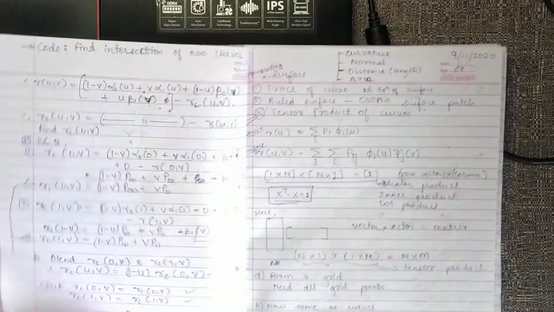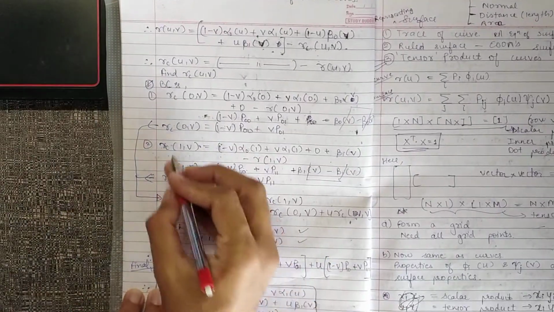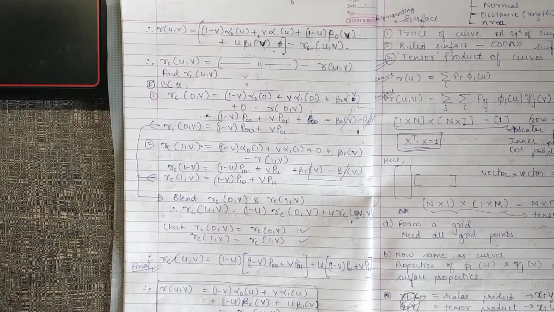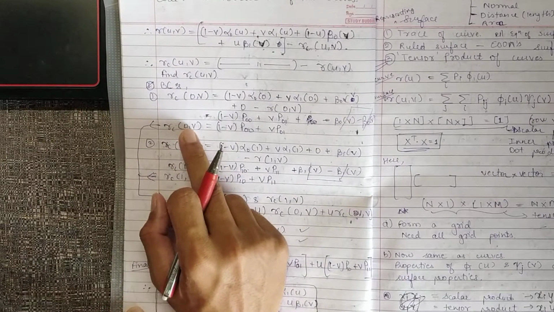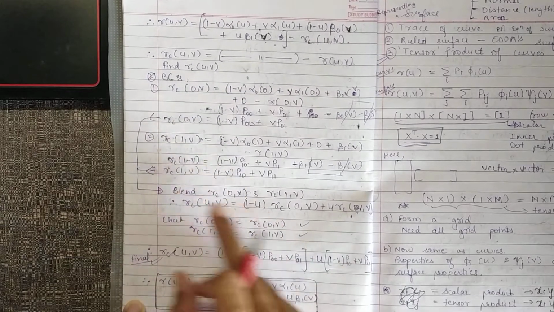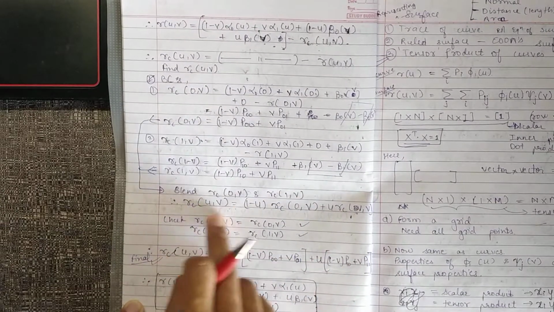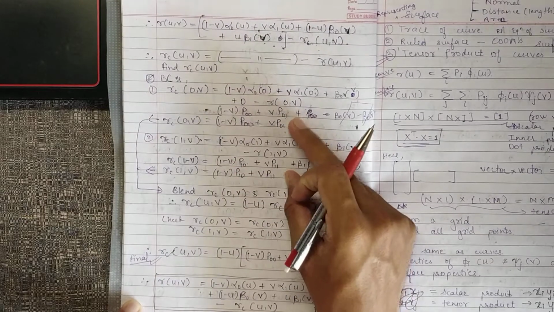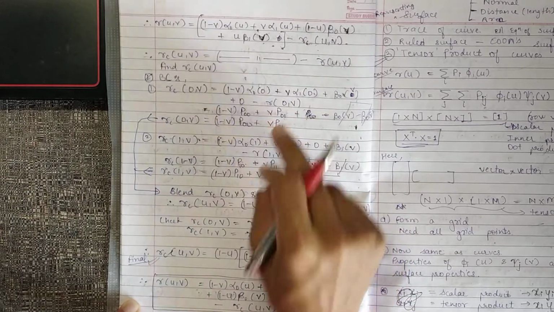We'll substitute these points here to get the equation for R at different values of substitution. So we have done 2 substitutions, U is equal to 0 and U is equal to 1, and we have got the equation, and then we have made a correction surface by linear combination, like we have made a ruled surface by combining these two surfaces.